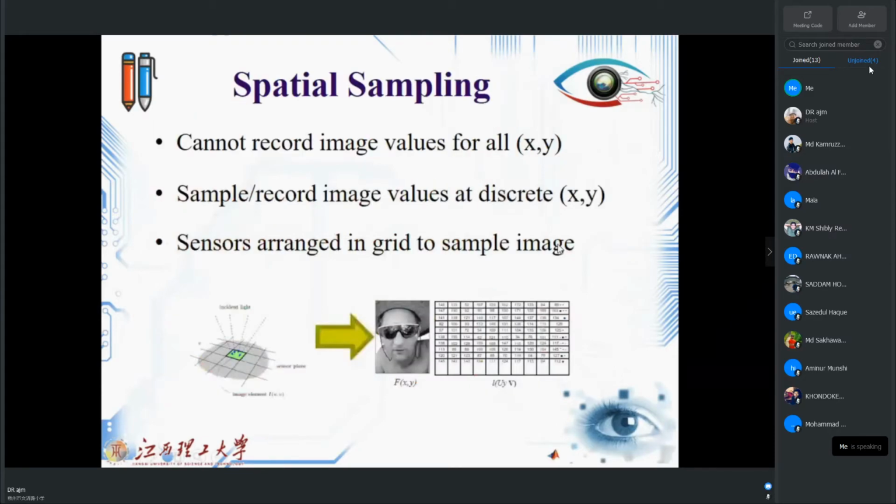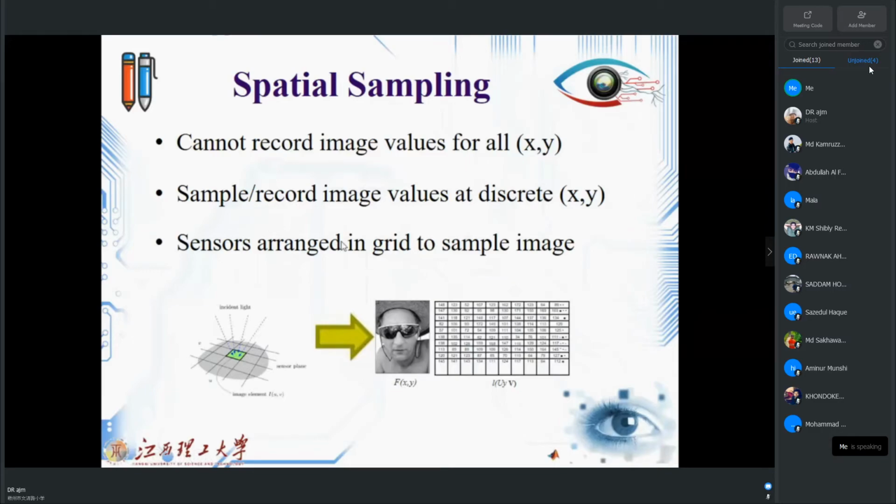Then maybe some people ask what spatial sampling is. First of all, we cannot record all the image values for X and Y, so sampling, or recording values at some discrete values of X and Y, is the spatial sampling. A sensor arranged in a grid can sample the image.